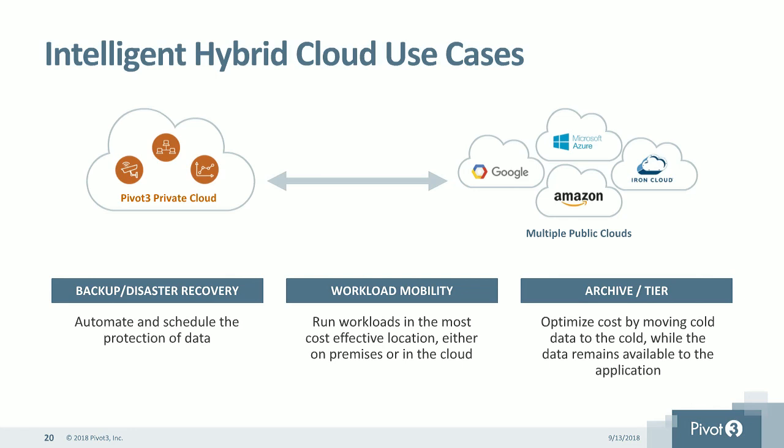On this slide, you see listed backup and DR as a pretty popular one these days, and workload mobility. Another one we're seeing a fair amount of is being able to archive data and tier data, with some intelligence around what data should reside on-prem and what data can be stored in public cloud, in a way that is very easy and straightforward, so you don't have to rewrite applications or have different skill sets.